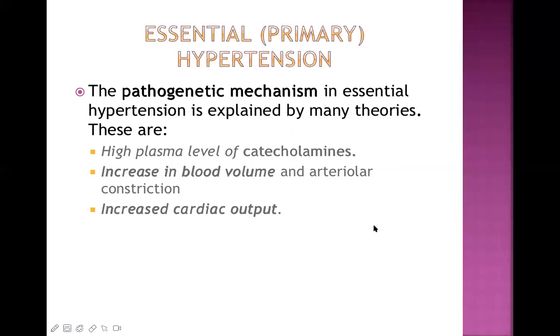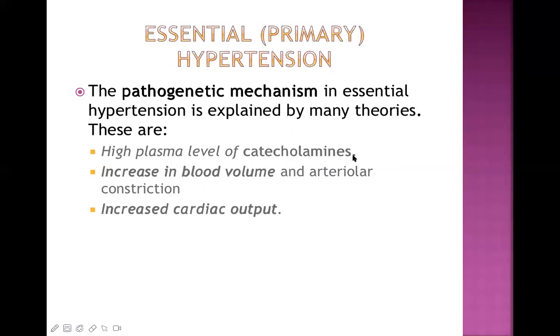Now, the pathogenetic mechanism in essential hypertension is explained by different theories. These are the theories: high level of catecholamines, norepinephrine and epinephrine, increase in blood volume and arteriolar constriction, and increased cardiac output. So just analyze these things together.